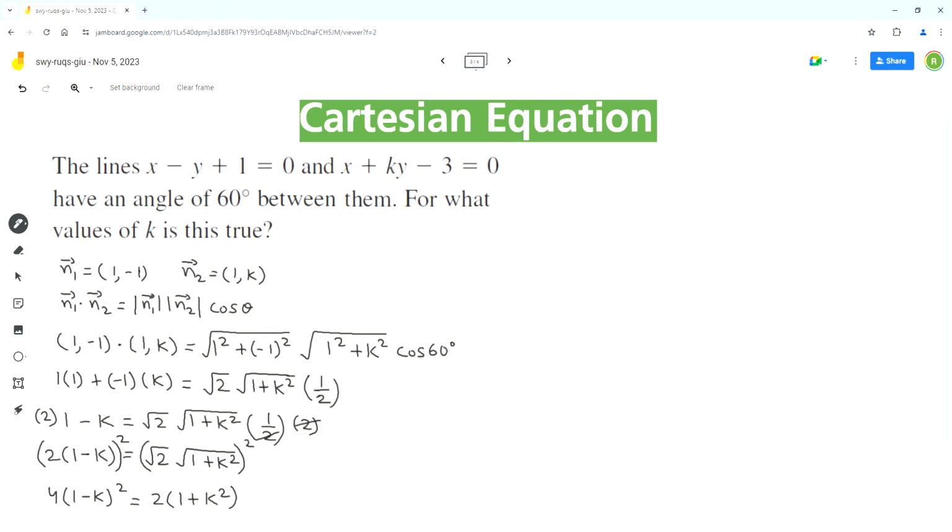Now we can simplify the left side by expanding the square on 1 minus k. We can write out 1 minus k twice. Now we can divide both sides by 2.